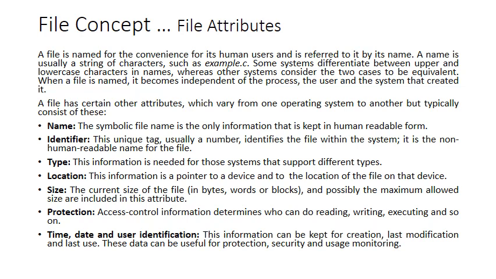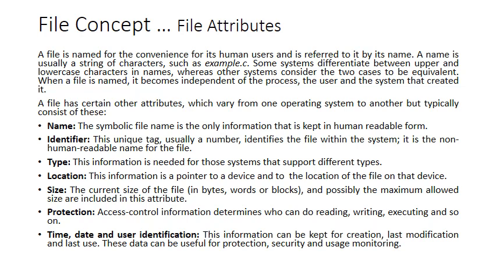Next is the type. This information is needed for those systems that support different types of files, like text files, binary files, audio files, video files, and so on and so forth. Next is the location.